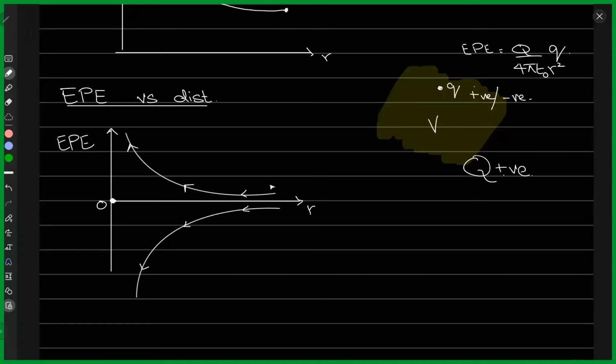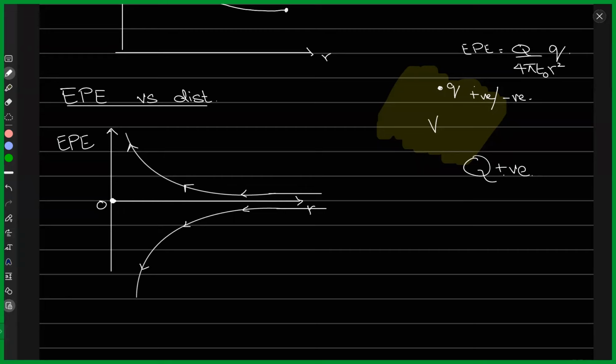These lines will keep going forward and forward. If I extend it, it will keep going like this, and this one will also keep going like this, but it will never reach; the energy would never really become equal to 0, but it will become closer and closer and closer to 0.